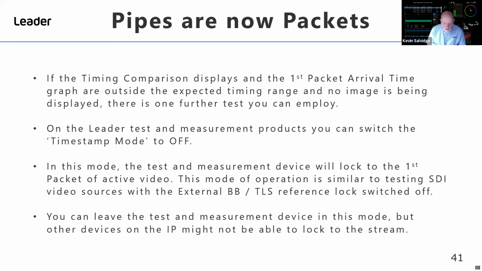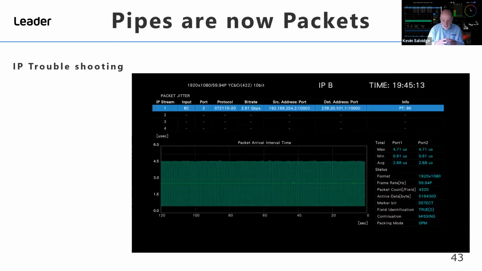So we mentioned earlier that SDI video has the video payload ID that contains a wealth of information relating to the video signal. As you saw from our earlier question, where does that exist? Because it doesn't exist in the -20 stream. We've only got the active video.